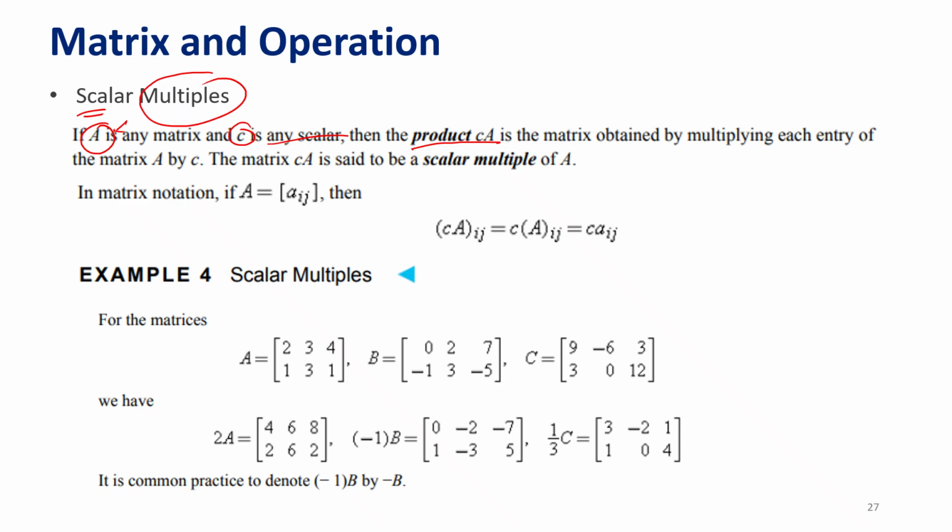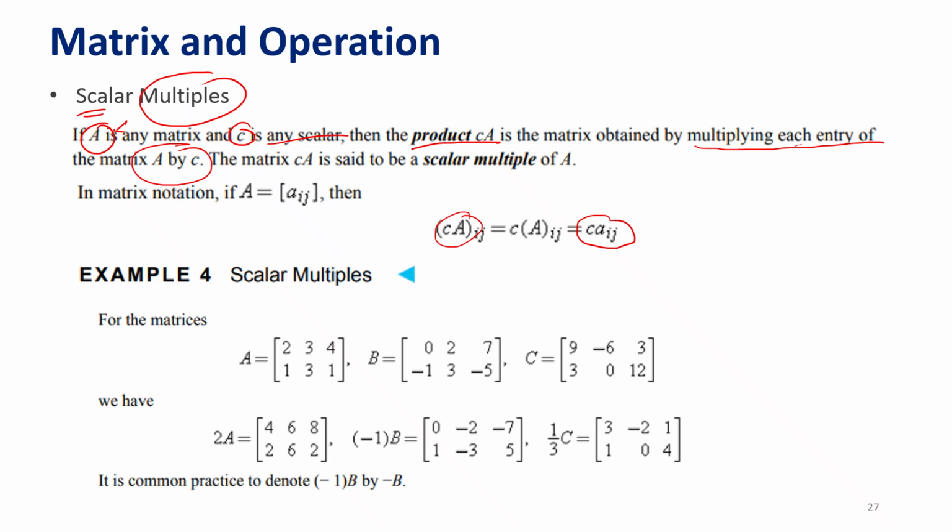Basically, scalar multiplication is done by multiplying each entry of matrix A by C. So each entry will be equal to C multiplied by Aij.